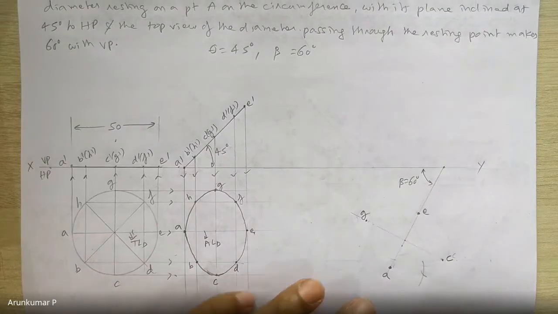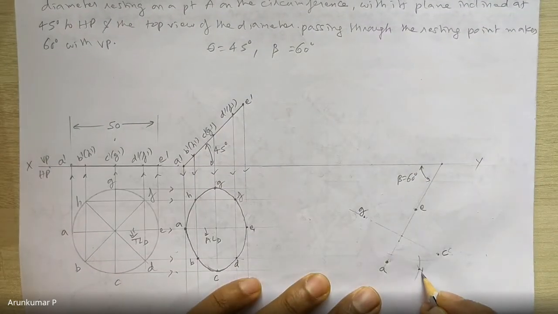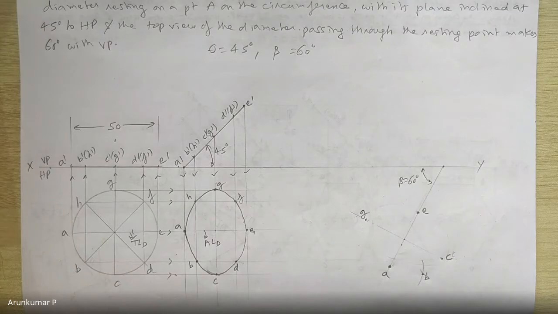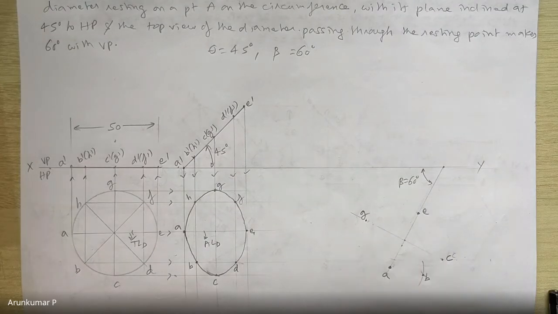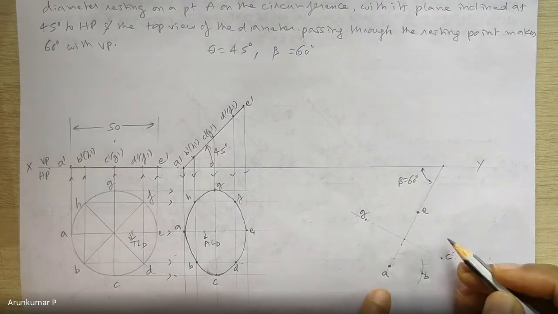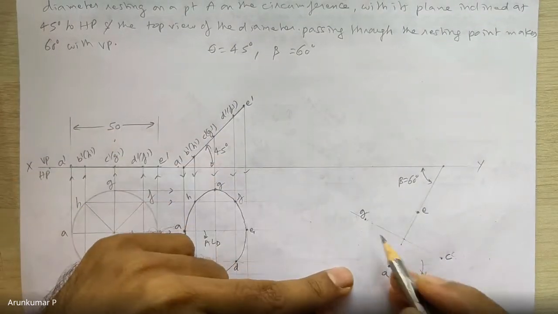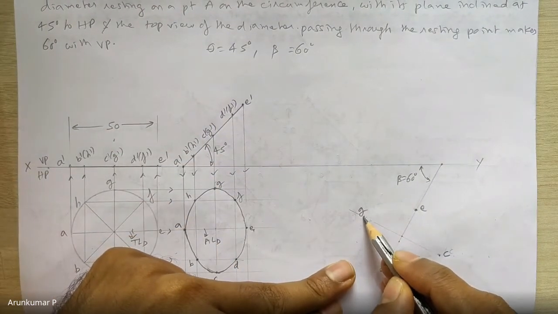Cut the arc. So this point would be B. Okay. So like this you can go on locating the other points also. So I'll just roughly draw to save some time. Just roughly draw it.